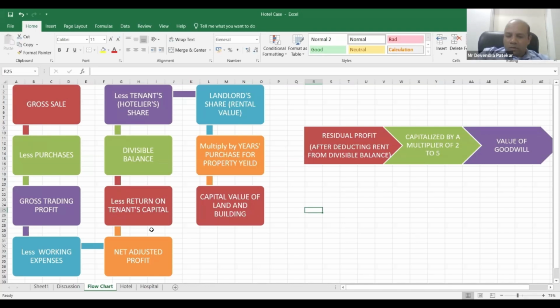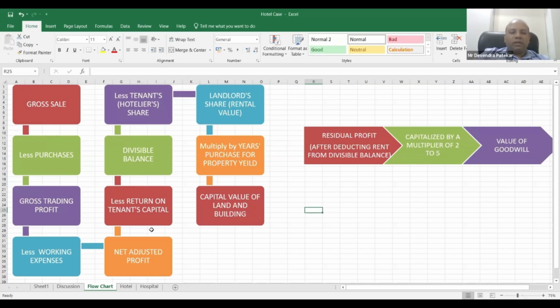Now, the balance number after deducting the tenant's capital would be termed as a divisible balance. Why is this number termed as divisible balance? Because if we look at the flow chart, from gross sale, we have deducted all purchases, we have deducted all working expenses, we have also deducted the return expected by a hotelier on his capital investment.